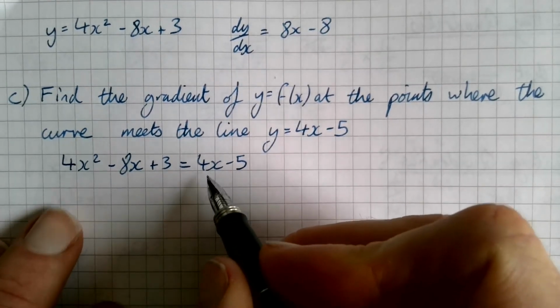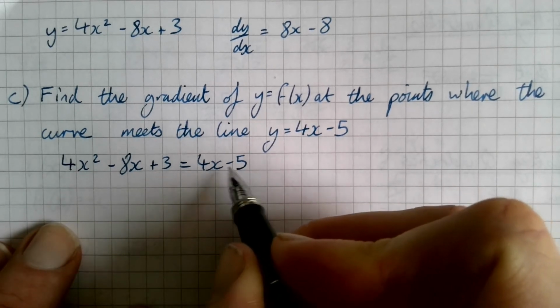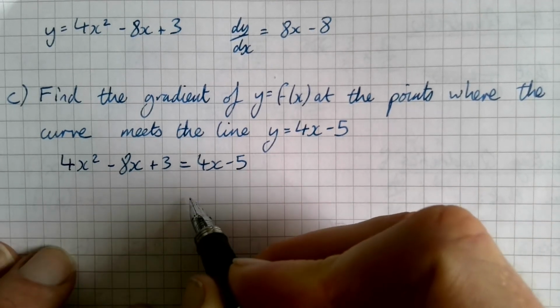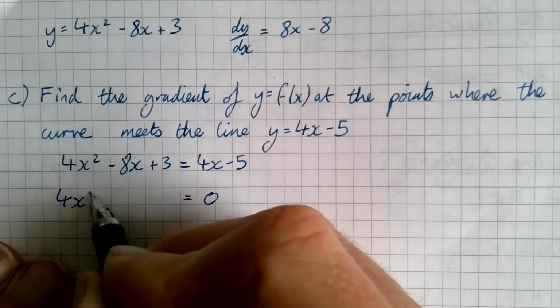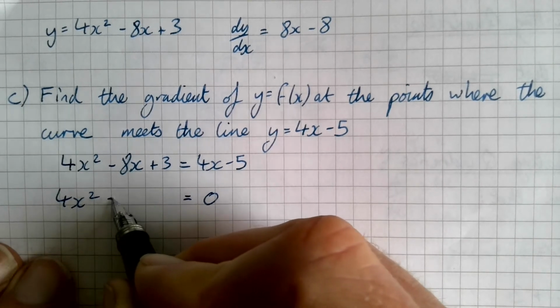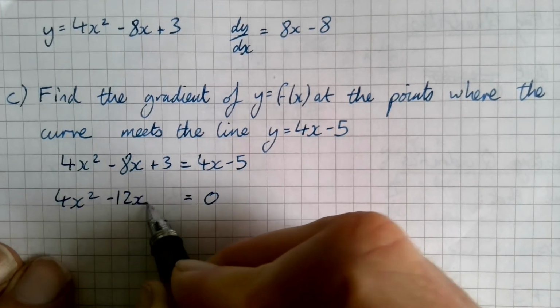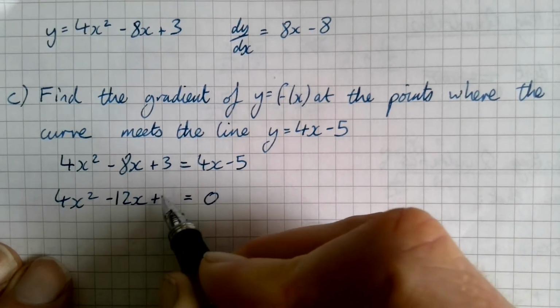So let's solve this. If I take 4x and I add 5 to both sides, we'll have it equaling 0 on this side, so it's still got 4x squared. We've got minus 12x, and if we add 5 to 3, we've got 8.